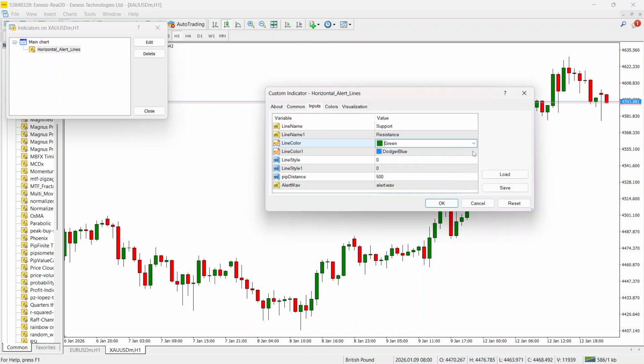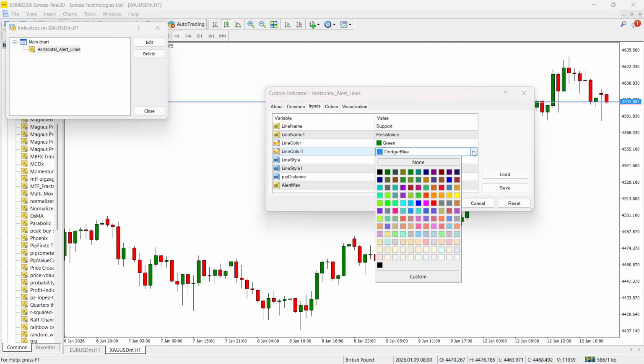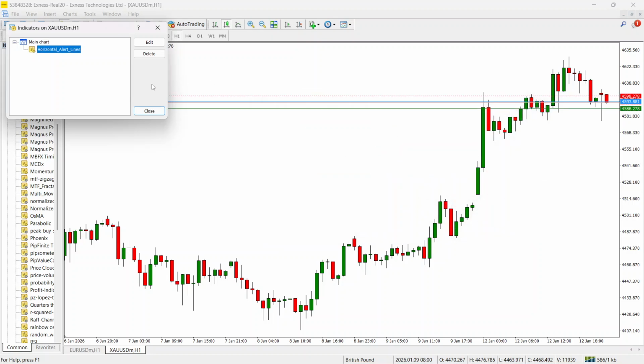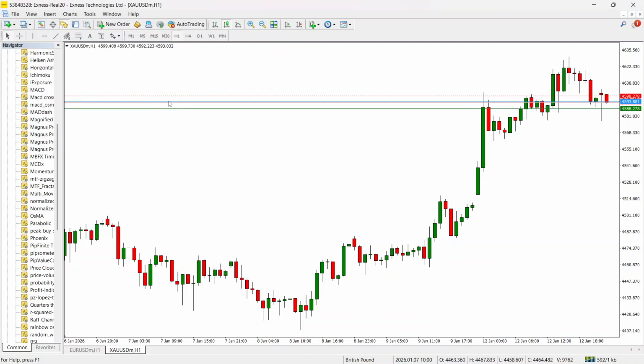Let's go with green for support and red for resistance. Now if we increase this pip distance to 5,000 and change the line style for the resistance to 2, which is a dotted line, you will notice it has changed.